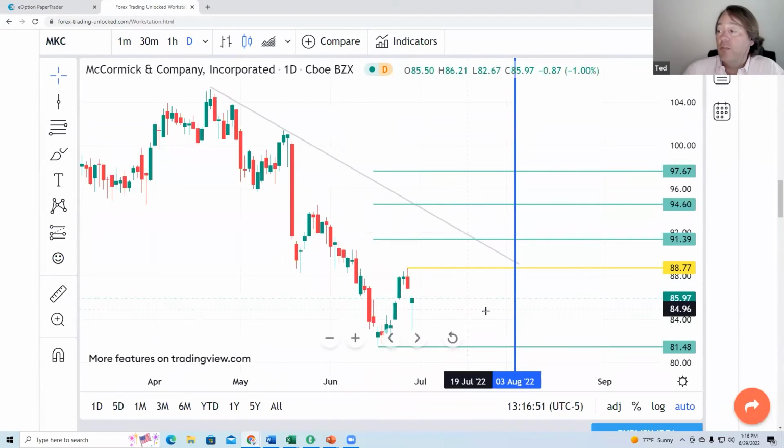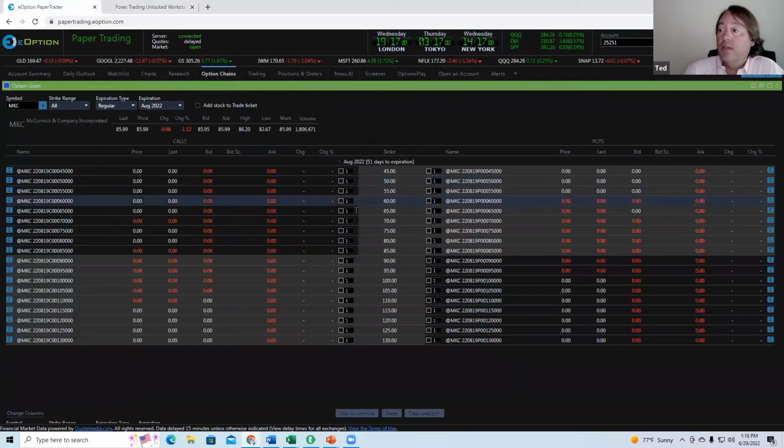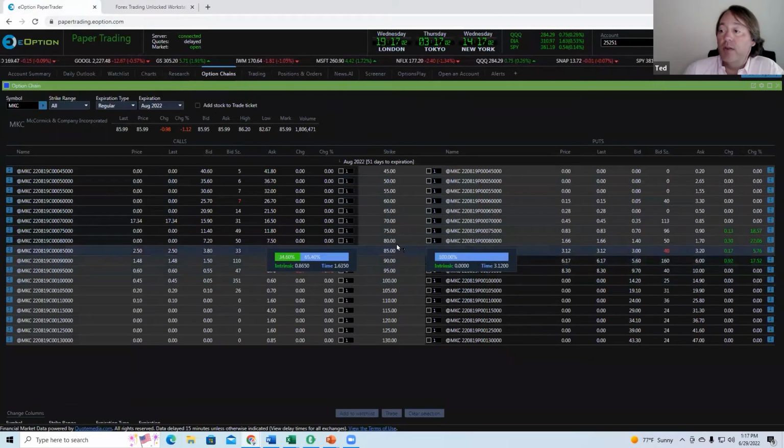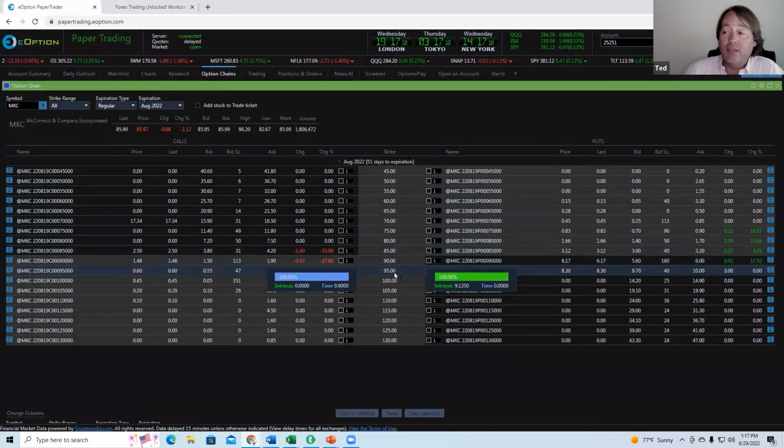Okay, so we know that the market's at 85, and we know from the option chain that the strikes are every $5 apart here. So we have an 85 strike price. So let's say you want to protect this, the market keeps on trending lower. We don't want the market to go above the option price.